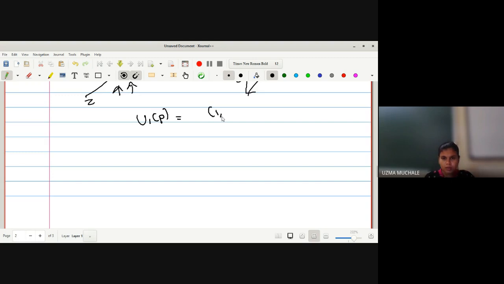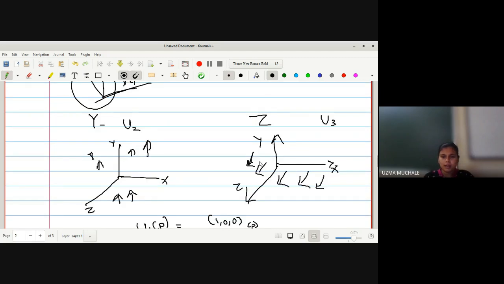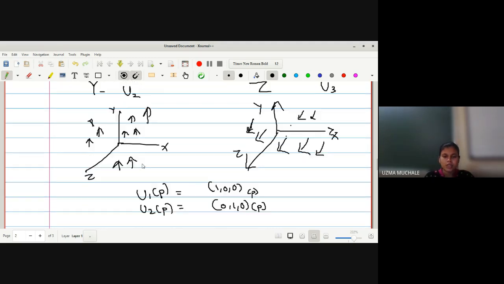Okay. So this type of vector field has been provided a specific name. U1 at P means 1, 0, 0 at a point P. That means all the tangent vectors are unit vectors going in the x direction, 1, 0, 0. U2 at P is 0, 1, 0 at a point P. Because points of application are different, no? At every point P, you have to find one tangent vector. Here also tangent vectors are there, but they are going in the y direction.